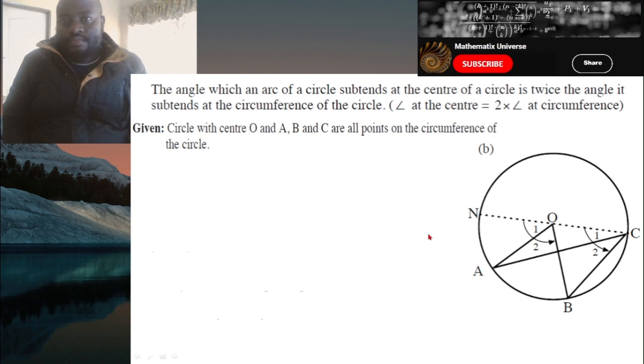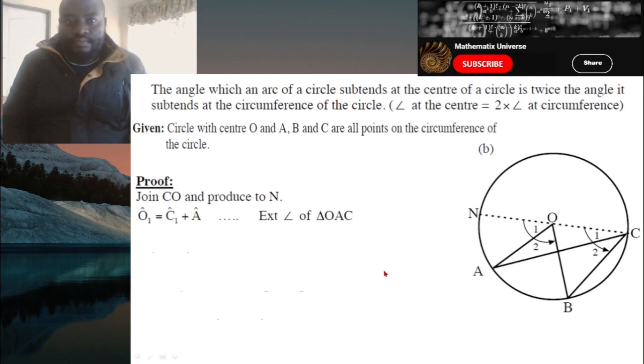Same as before, the statement, the given information. Then we joined CO and produced it to N just like before. Then we say O1 equals C1 plus A, the exterior angle of a triangle in triangle AOC.